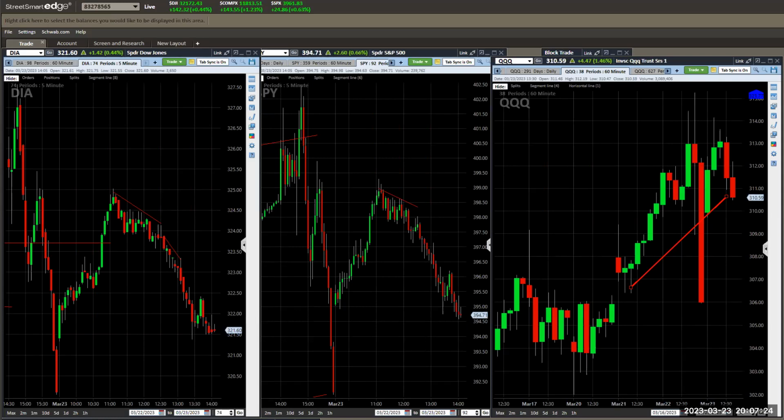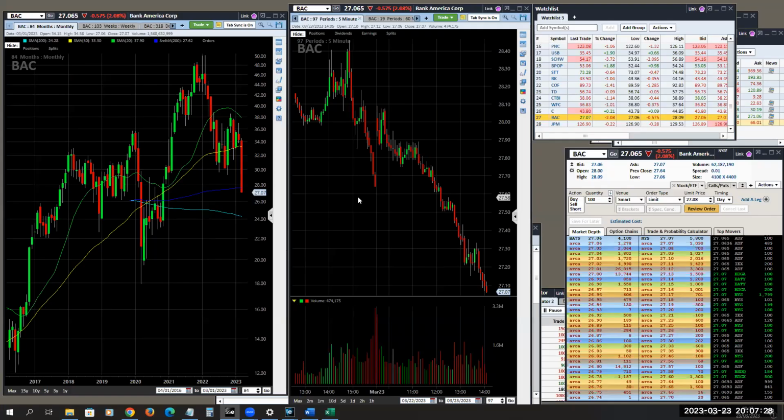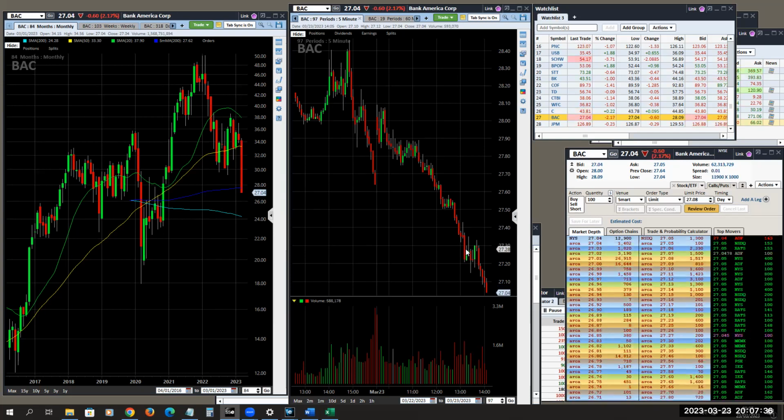Take a look at what's going on here in Bank of America and JP Morgan. They are pushing these things down slow. That means the market maker, this sector is at the bottom of its month almost. The low of the low, and they're still pushing these stocks. They're selling and selling.